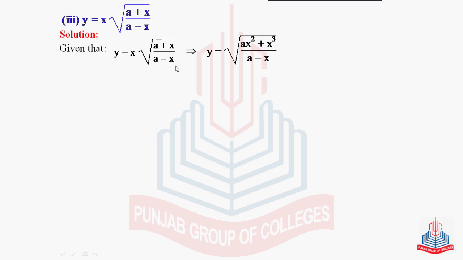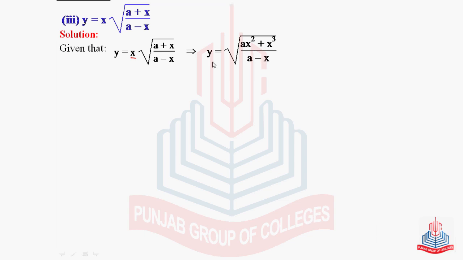So we can form a single function by entering this x into this power. So when we shifted this x into this power, that will become square of x, and now multiplied by a plus x, that will become a x square, plus when x square is multiplied by x, then that is actually x cube, and the denominator will be as it is.